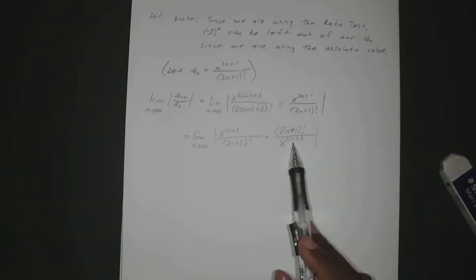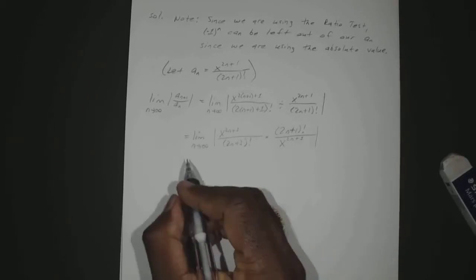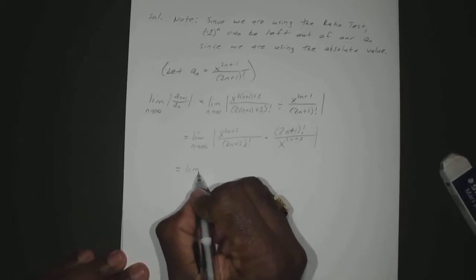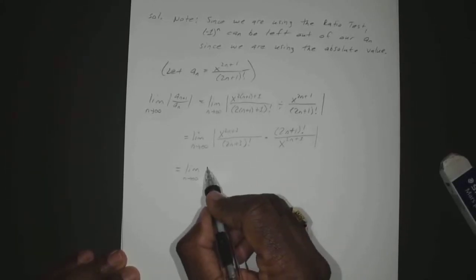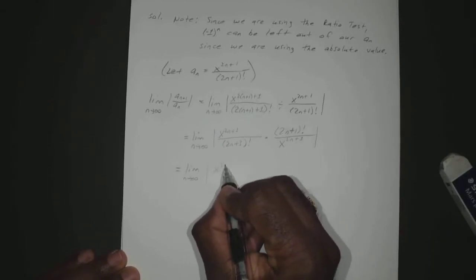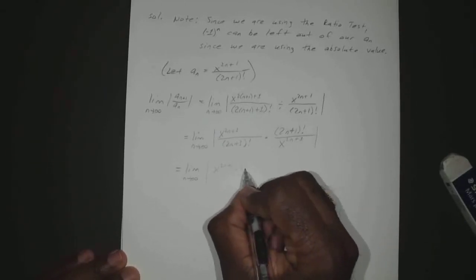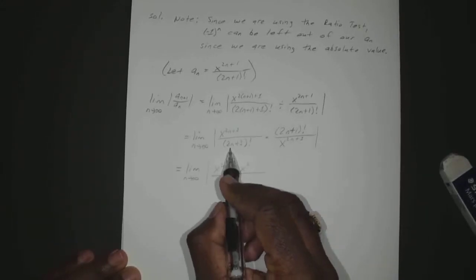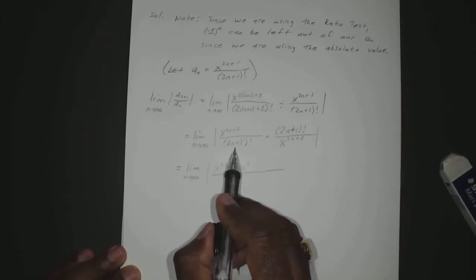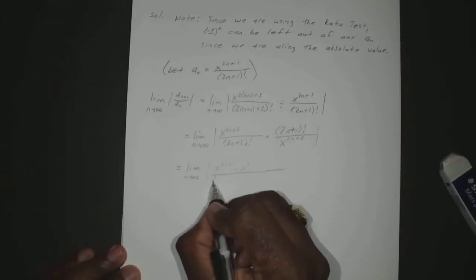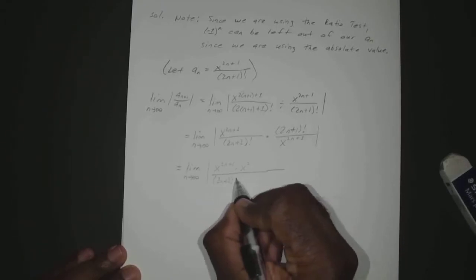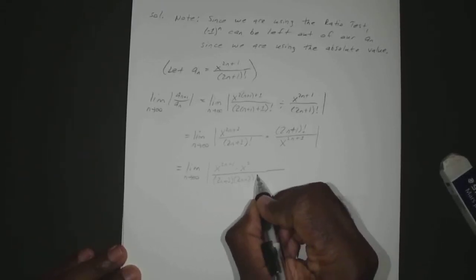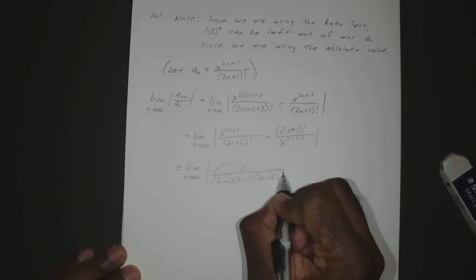Okay. So now we want to be able to cancel out our x to the 2n plus 1 and our 2n plus 1 factorial. So we manipulate it a little bit. As n approaches infinity, you can rewrite this as x to the 2n plus 1 times x squared, over 2n plus 3 factorial, which you can make 2n plus 3 times 2n plus 2 times 2n plus 1 factorial.